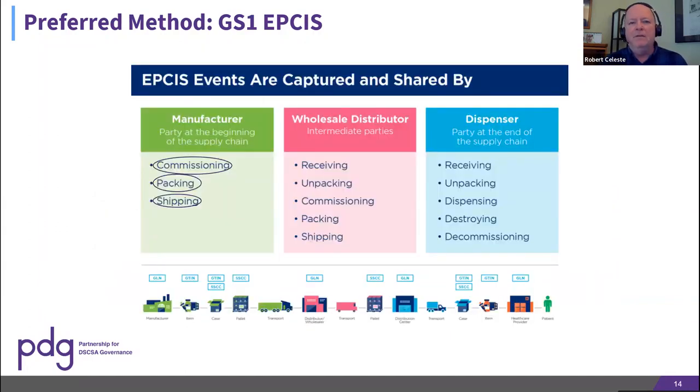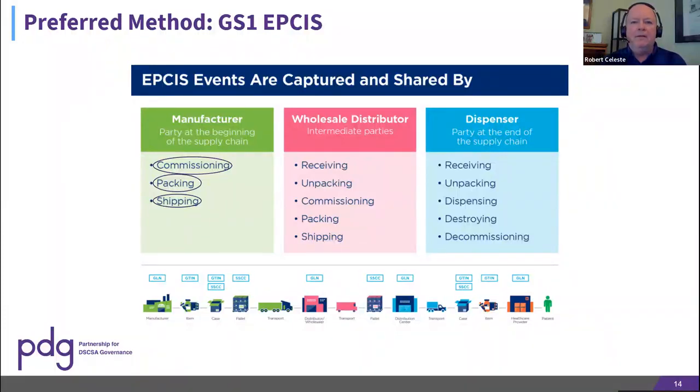TI data is spread across 3 different events that are core to what we're trying to do here in transmitting them using EPCIS. First is the commissioning event, which is when a product, or even a case or a tote, is created. It's given its identifier and can now be identified at a certain date and time.